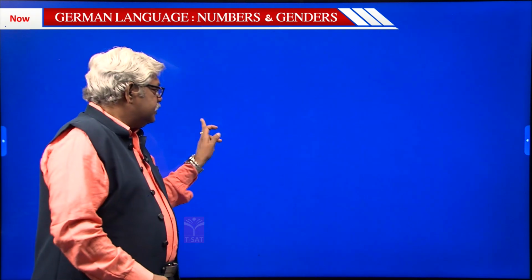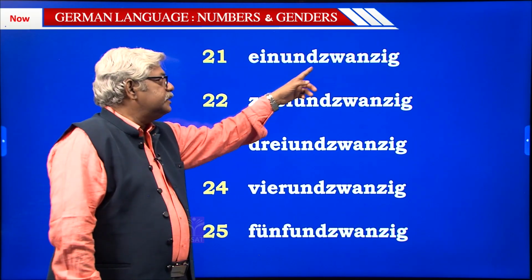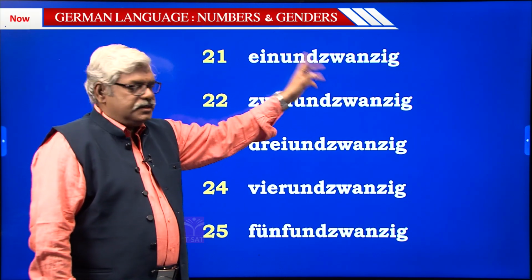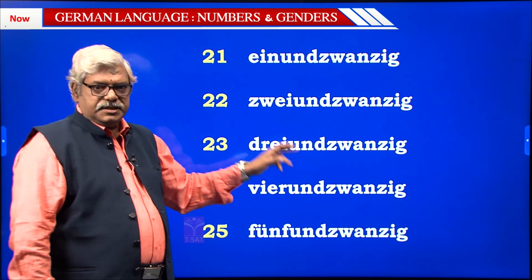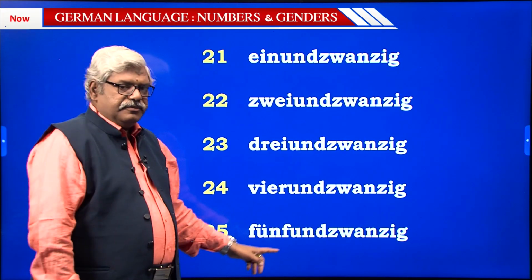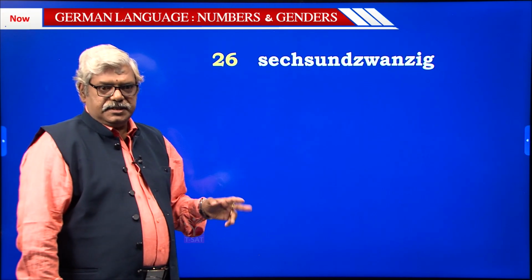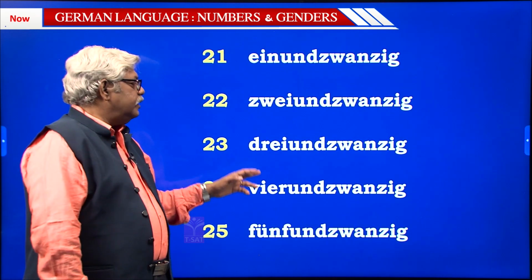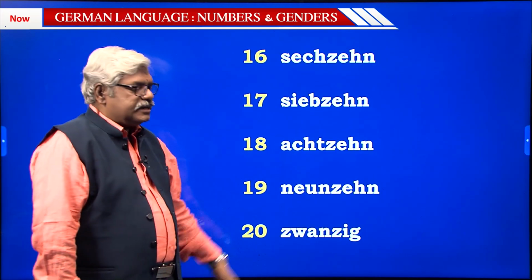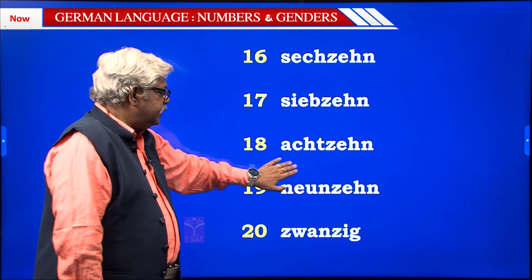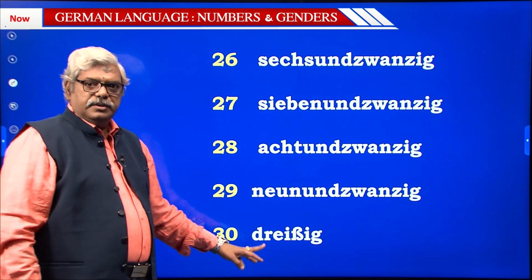Ein und thirty. So similarly, 2 und thirty, 3 und thirty, 4 und thirty, 5 und thirty, 6 und thirty, 7 und thirty, 8 und thirty, 9 und thirty, and ultimately forty.